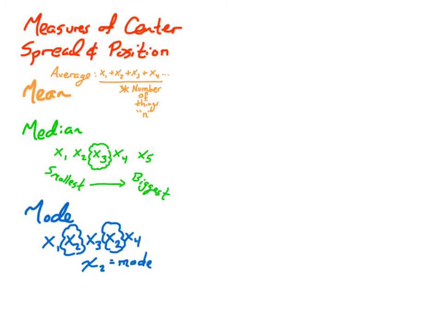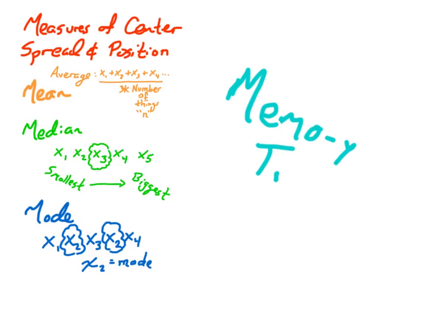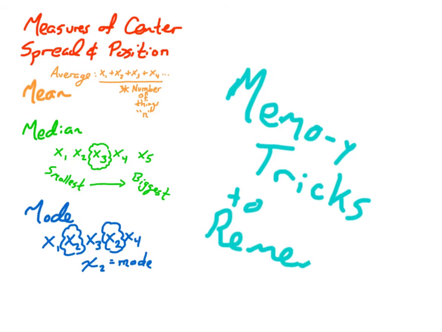So take a moment and see what kind of memory tricks you can come up with. None of them are really difficult, but it is kind of frustrating if you're not sure what to do.